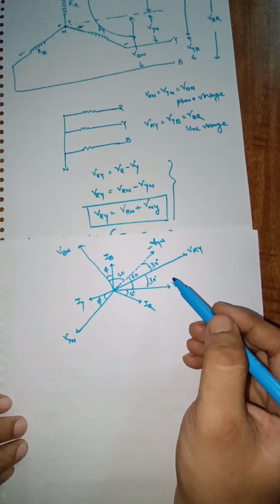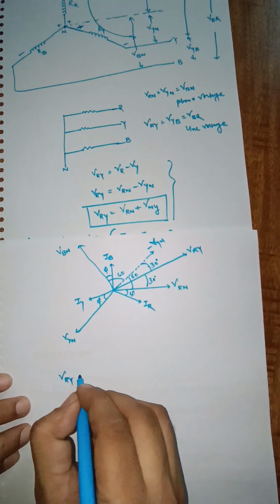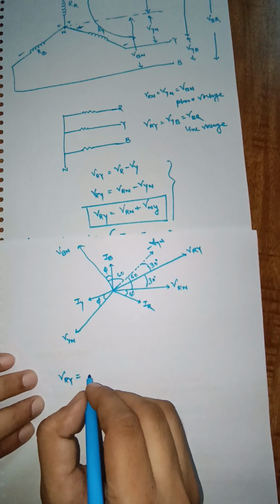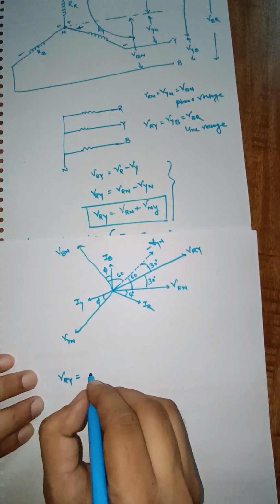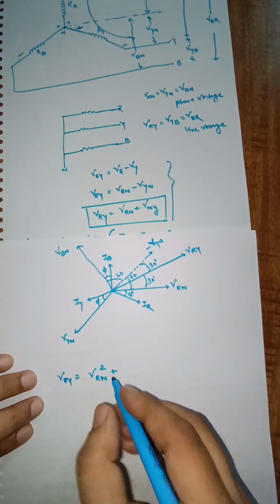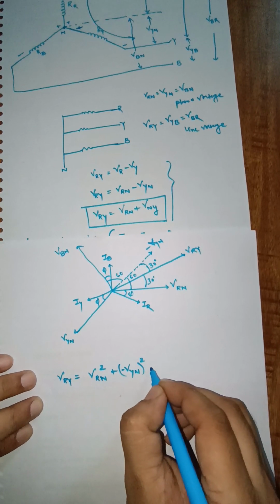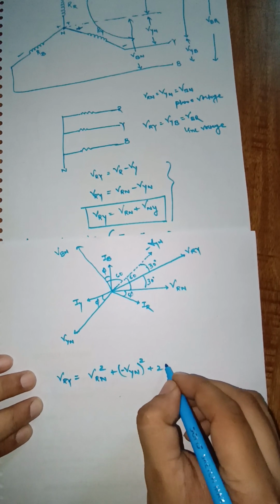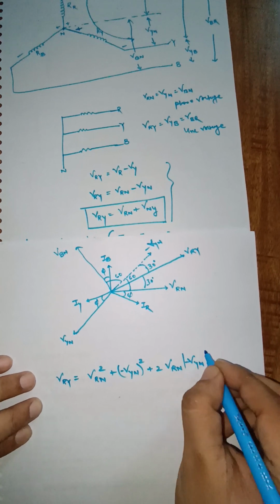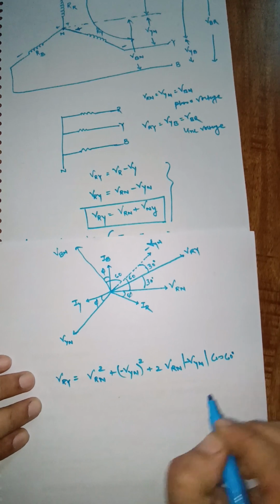Here you can use the parallelogram law. VRY will be equal to the square root of VRN square plus VYN square plus 2 VRN VYN cos 60 degree.